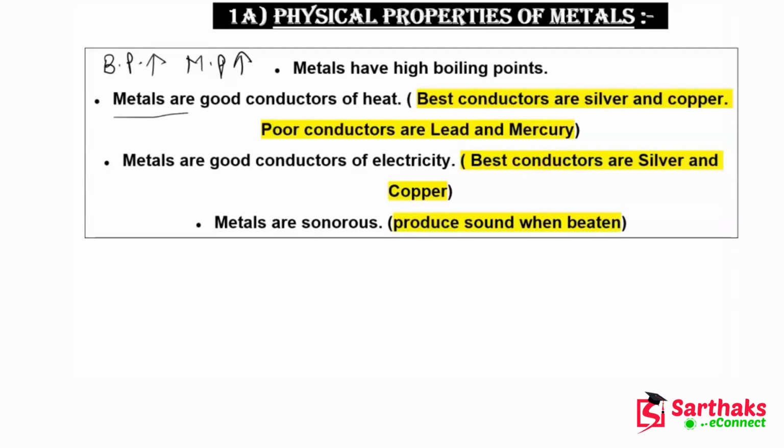Metals are good conductor of heat. If I talk about the best conductor of heat, then silver and copper are very good examples. So what does this mean? Good conductor of heat means that heat can be transferred very easily in metals.